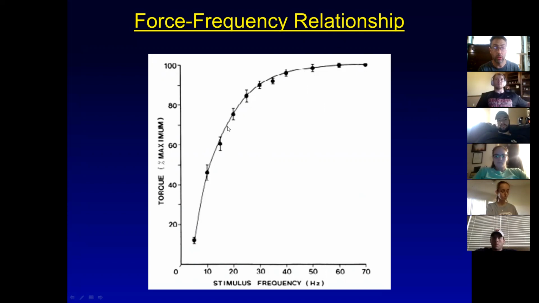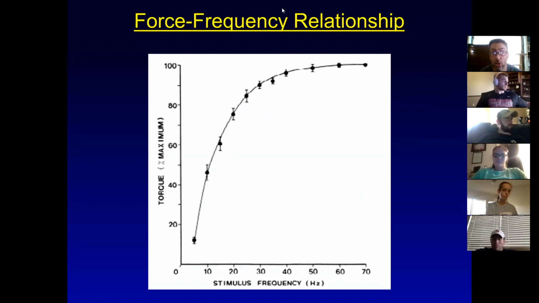At some point you're going to get this increase in force production from summation, where as the number of action potentials increases, the amount of calcium being released from the sarcoplasmic reticulum goes up to some point. And at some point, no matter how many more action potentials we send, you're not going to get any more force. And so force levels off and plateaus.